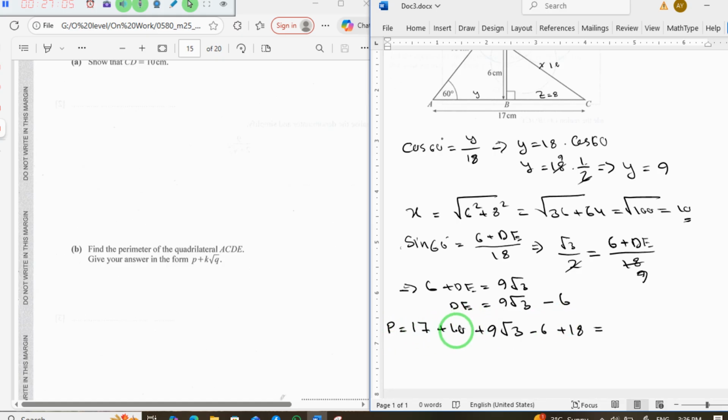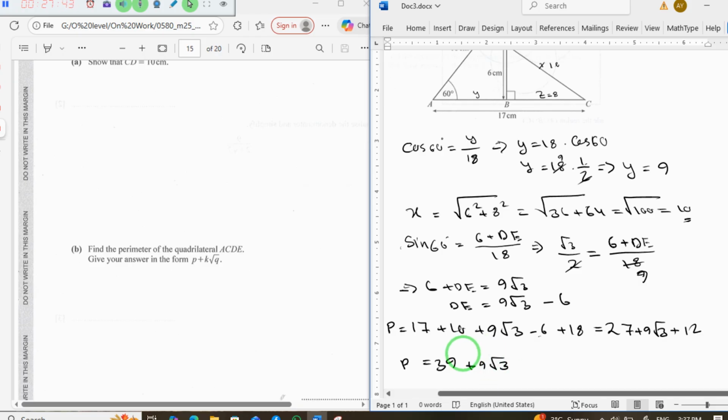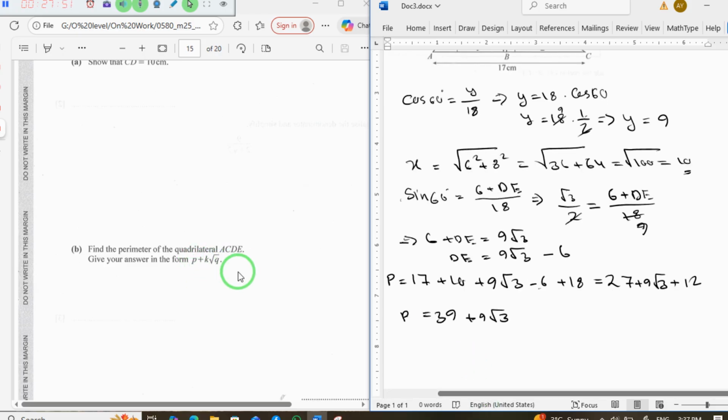We have 17 plus 10, 27, plus 9 square root of 3, and subtract 18 minus 6, 12. Then we write P is equal to, we add these numbers: 7 plus 7 is 9... 2 plus 1 is 3. So 9 plus 9 multiplied by square root of 3. The question asks us to write the answer as P plus Q multiplied by square root of q. This is the answer of this part.